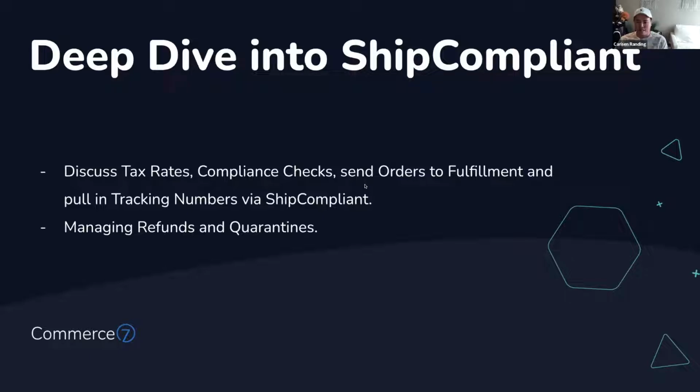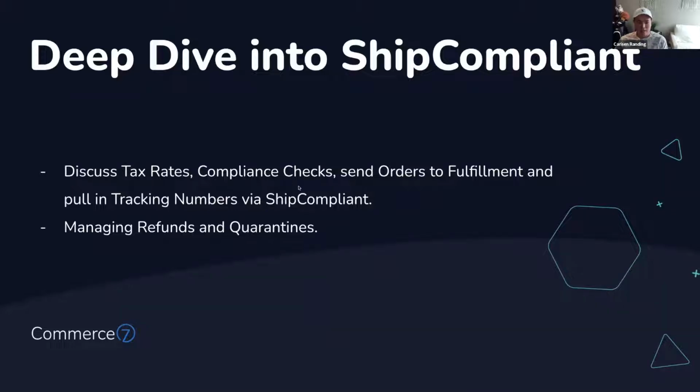And lastly, once those orders are received by the fulfillment warehouses and they are shipped, those warehouses can upload tracking numbers and shipping information into ShipCompliant, and Commerce7 has a mechanism to pull in those tracking numbers from ShipCompliant into Commerce7 and mark the order as fulfilled in Commerce7 to keep both systems in sync.